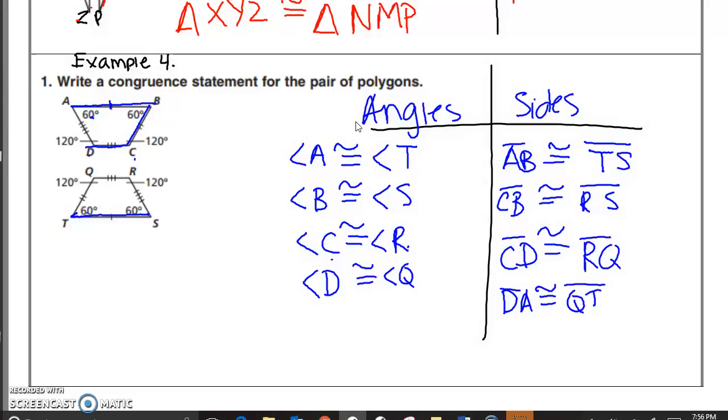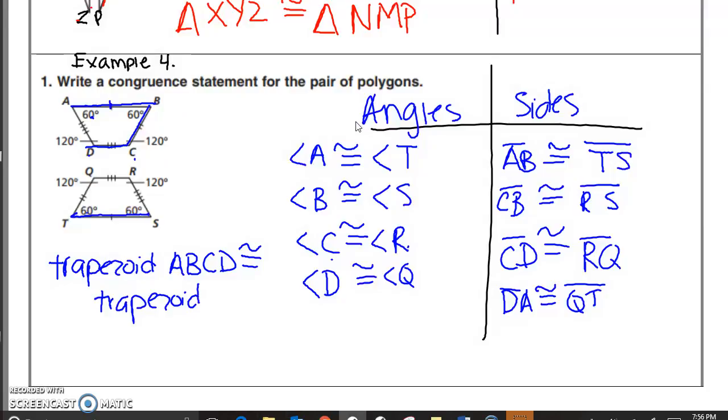So we can say that trapezoid or polygon ABCD is congruent to trapezoid TSRQ.